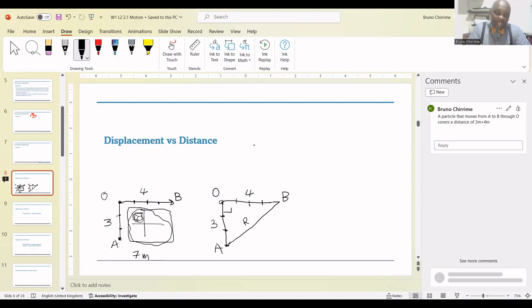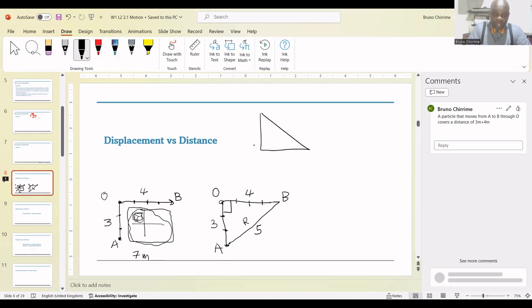But let's do it step by step so we can see how we get to that 5. Let's redraw our triangle facing this side, which is the most common way to visualize it. So 3, and then here you have 4 at the bottom, the adjacent, and then you have the angle of 90 degrees, the right angle, and you have R that you want to calculate.